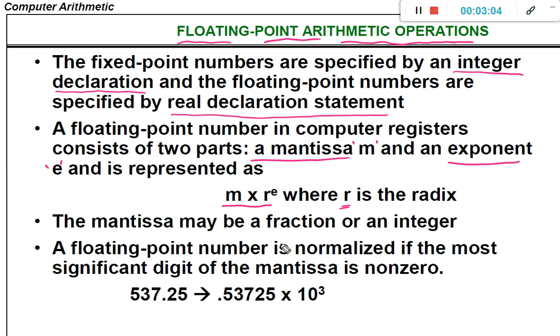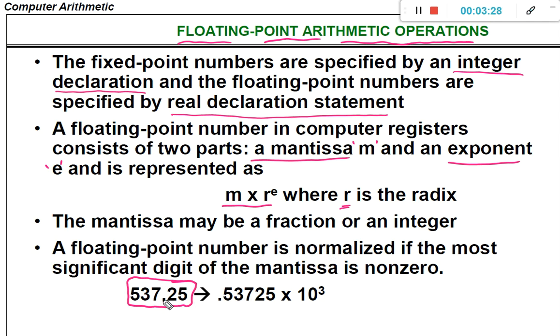What is meant by normalization is that we move the decimal point to the extreme left, and accordingly we change the exponent value. For example, if there is a number such as 537.25, then it will be normalized like this.